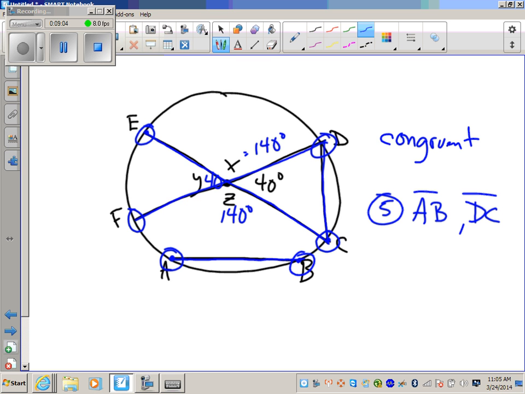Now, question 6 has an interesting question to ask. Write the measurement of angle y as a fraction of the circle. What was angle y? 40. So 40 degrees of the total degrees in a circle.